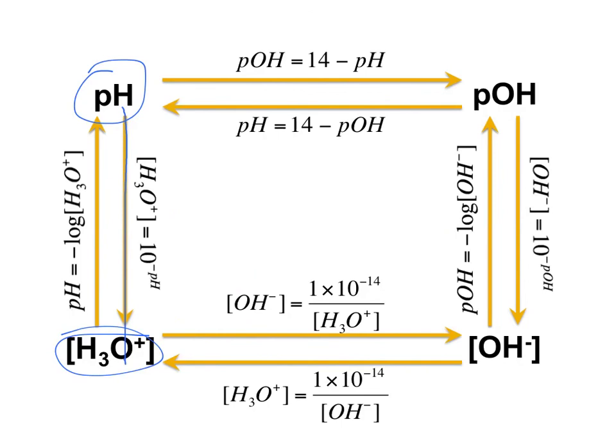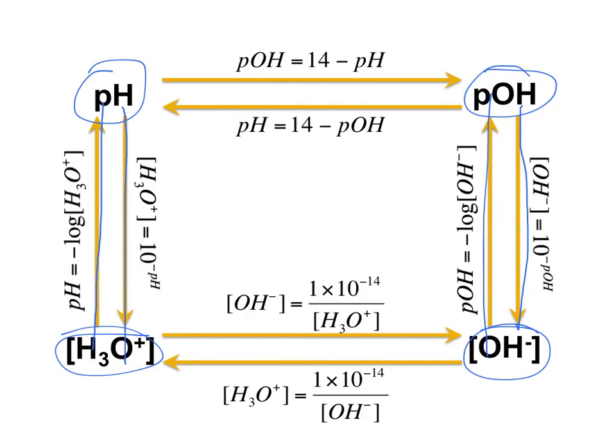If I wanted to go the other way, say I had my H3O plus concentration and I was looking for pH, I would do the negative log of that concentration. Notice that it is the same stuff as the pOH to the OH minus. To go from pOH to OH minus concentration, 10 to the negative pOH. And to go the other way, I would use the log. So those are similar.